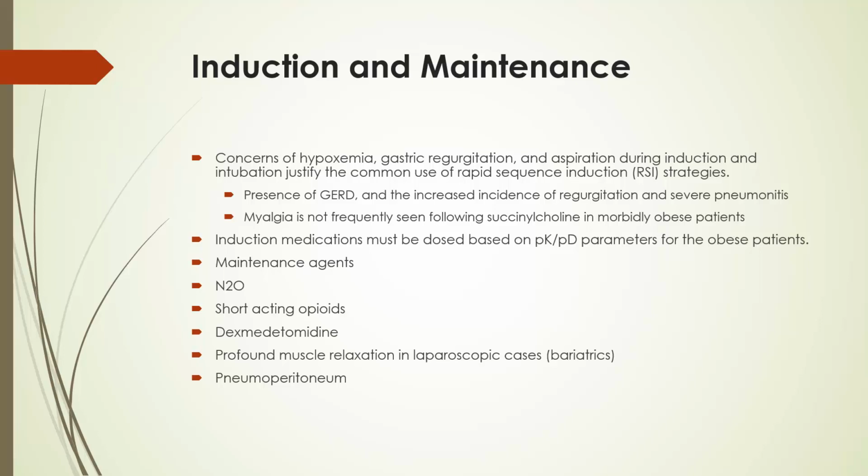Increased doses of SUX are necessary because of increased activity of acetylcholinesterase. Interestingly, myalgias are not frequently seen following succinylcholine in morbidly obese patients. SUX, due to its rapid onset and limited duration of action, is highly recommended for intubation in this patient population and works quite nicely.